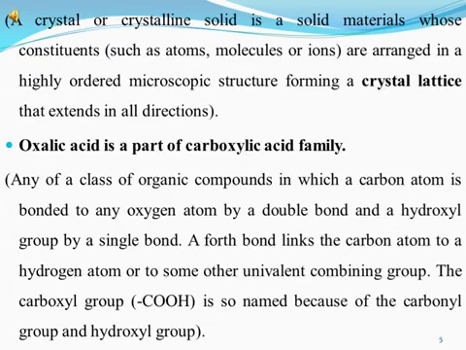A crystal or crystalline solid is a solid material whose constituents such as atoms, molecules, or ions are arranged in a highly ordered microscopic structure forming a crystal lattice that extends in all directions. In other words, crystalline solids have a well-ordered shape with repeating units.